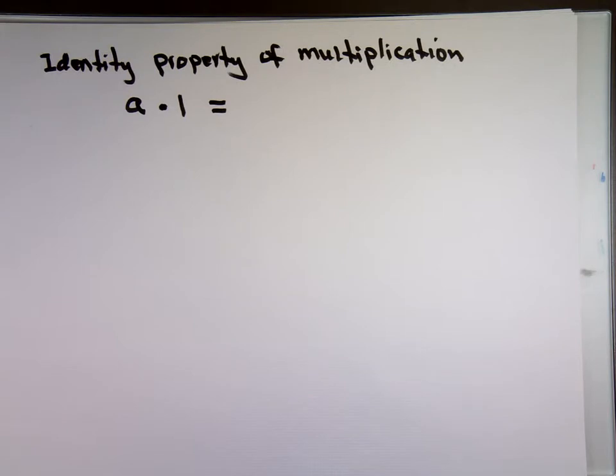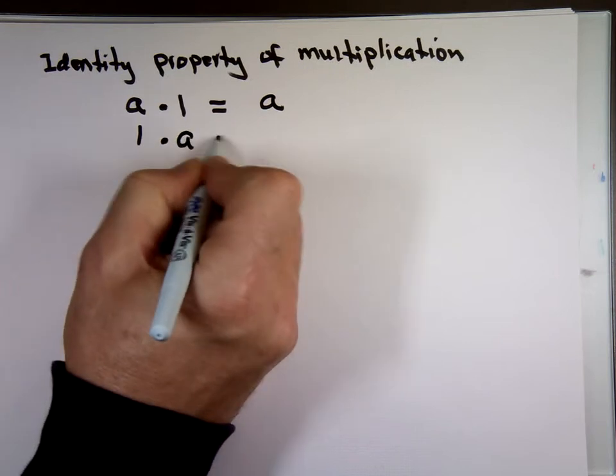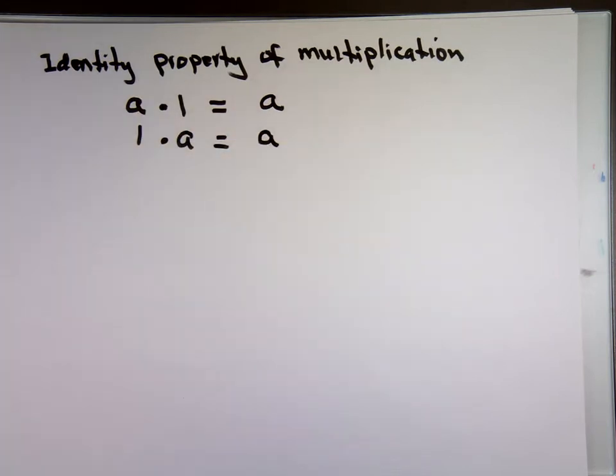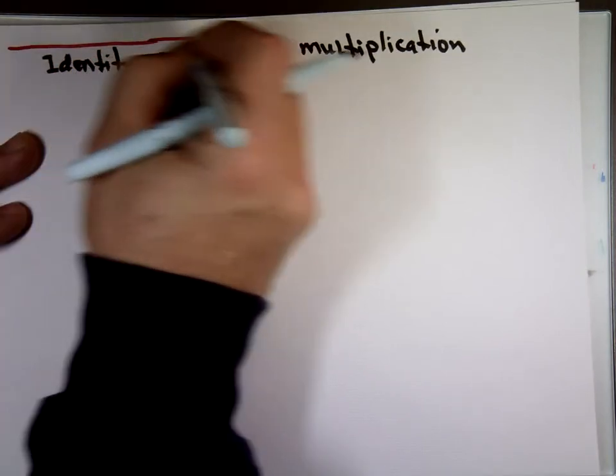Any number times 1 is always what? The same number, right? Or 1 times any number is the same number. That's called the identity property of multiplication. If you multiply a number by 1, the number stays the same.